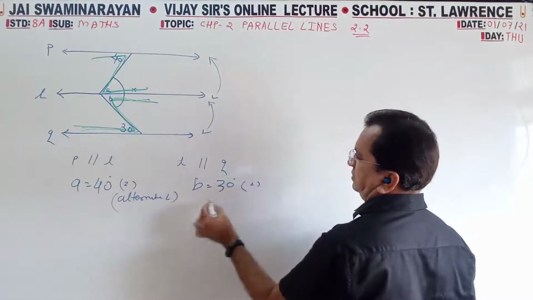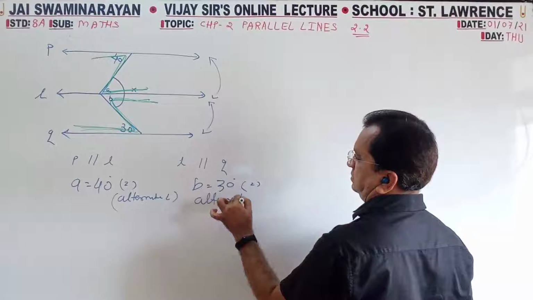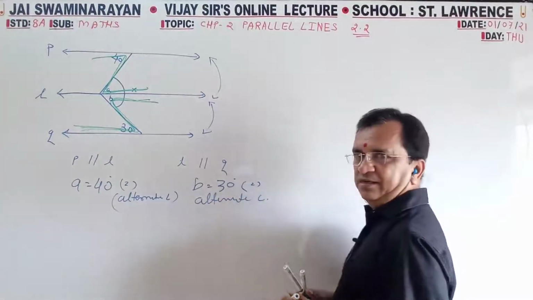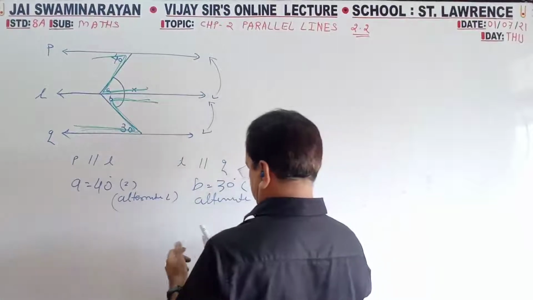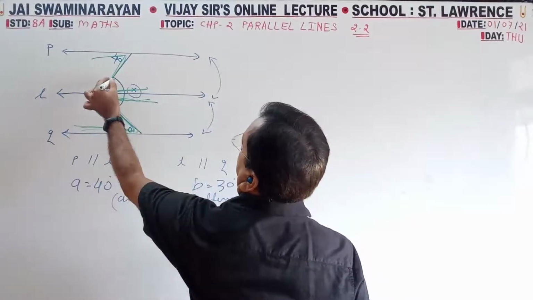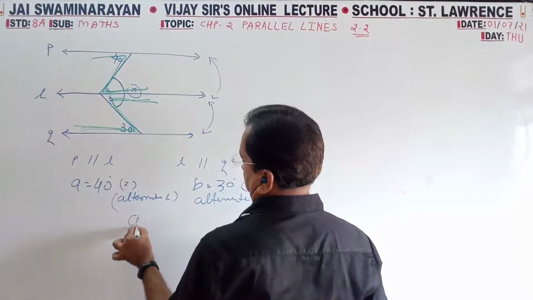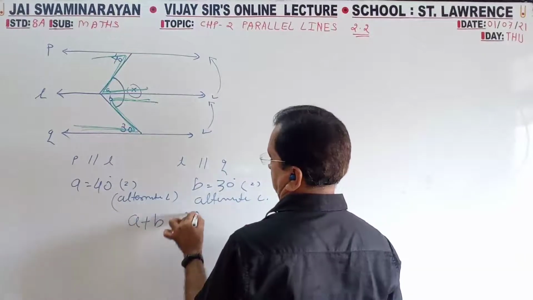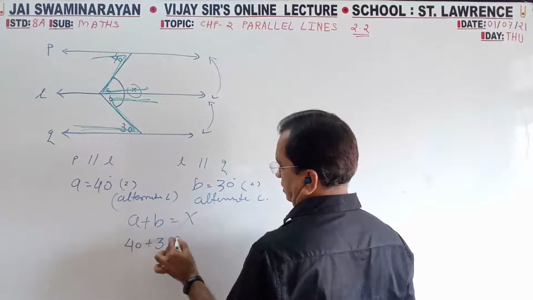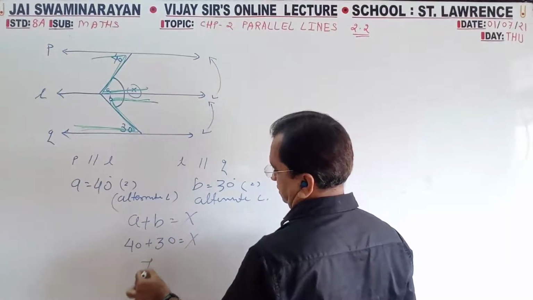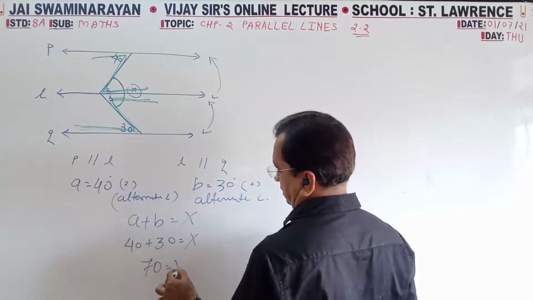Again Z, alternate angle. Now I want X. X is made up of A plus B. So A is 40, B is 30, 70, it is X.